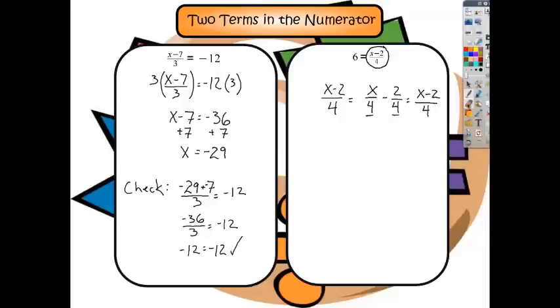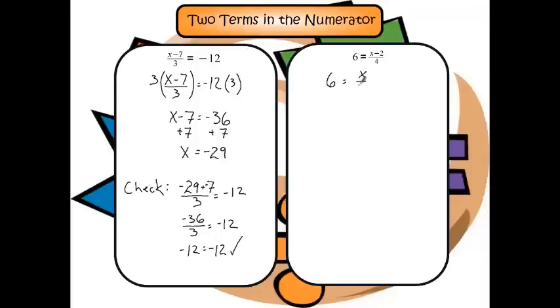So let's see why things work the way they do here. If I break this into two fractions and say 6 equals x over 4 minus 2 over 4, and if I want to solve this equation, the first thing I would need to do, again, is go to my PEMDAS, my order of operations, and look backwards.